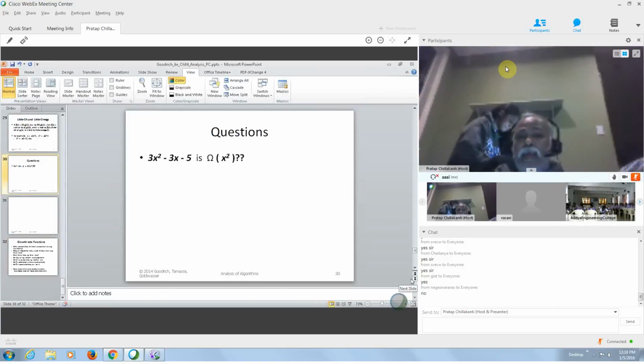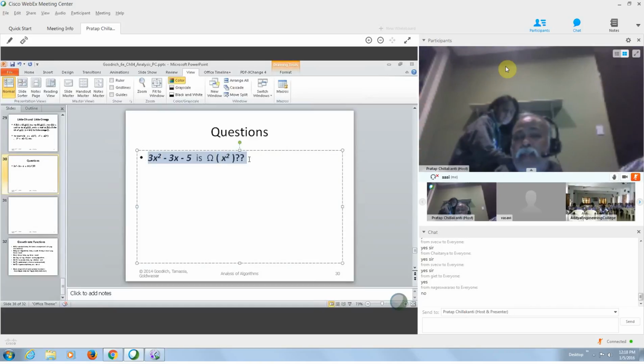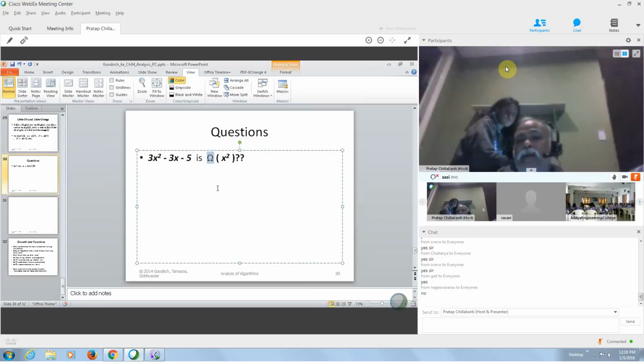Then I asked you this one. What am I asking here? If you look at the question here, by the way, students, this is a legitimate exam question. That is the omega. It's unfair for you to not remember what the big omega is. Big omega says the left side of the function is f, the right side of the function is g.